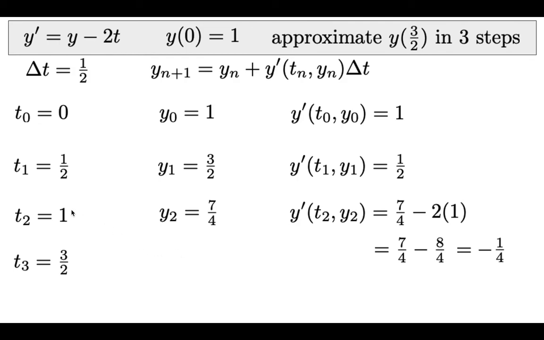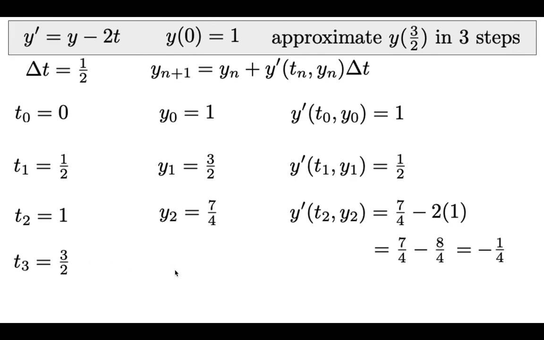All right, so to get our next t value, we will increase 1 by 1/2, our step size. And we are now at the t value we want to approximate our y value at. So t3 is equal to 3/2.